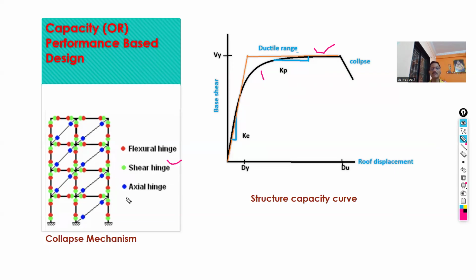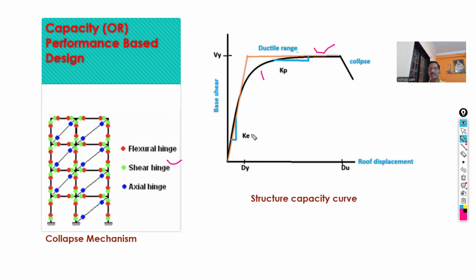Again, the sequence of the failure, from bottom story toward the top story or top to bottom, whether the columns are failing first or beams are failing. All the information on the damage pattern and sequence of the damage we get from the capacity-based design. This is the beauty of this particular method.